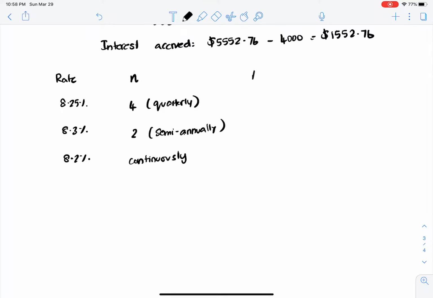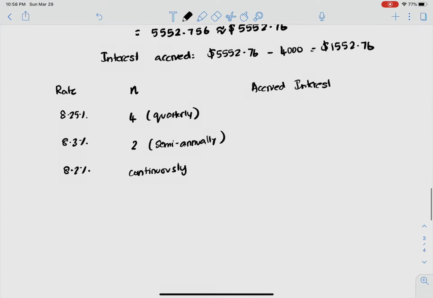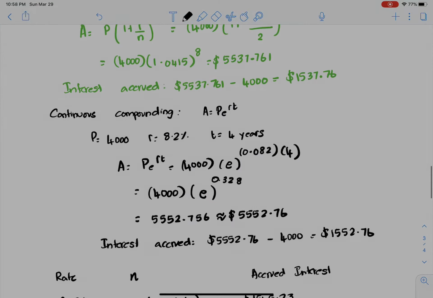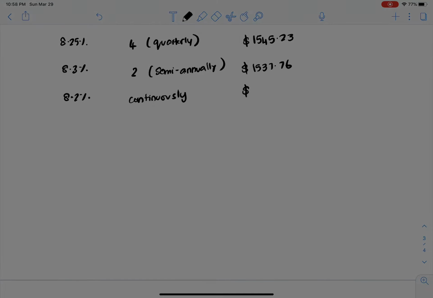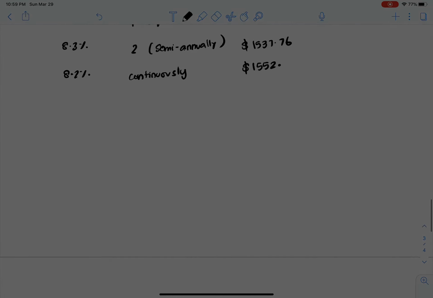And the accrued interest for case 1 was 1,545.23. Case 2, 1,537.76. Last case, 1,552.76.